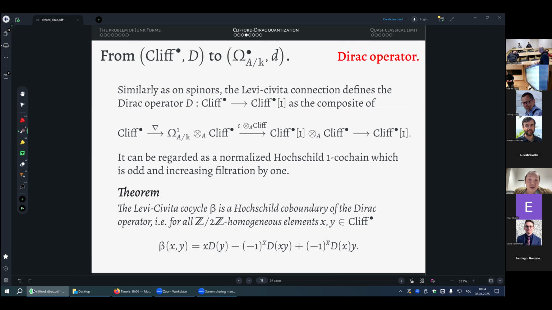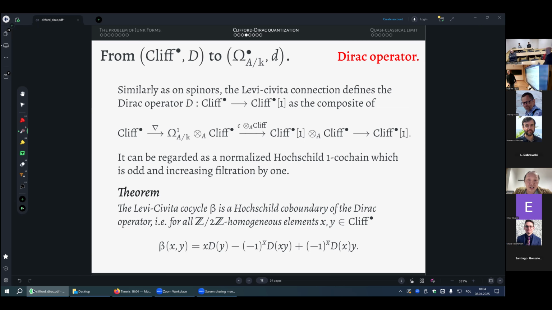But from this homological point of view, the relation is opposite. The Dirac is primary, and the Levi-Civita connection is secondary. So you are saying you can give some axioms about this Dirac operator, which then using axioms you can reproduce the Levi-Civita connection? Yes, you will see this point of view developed further.